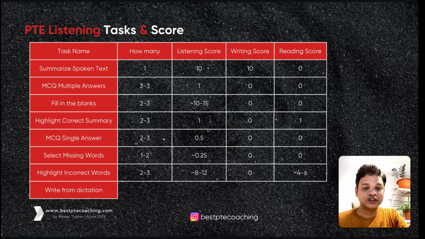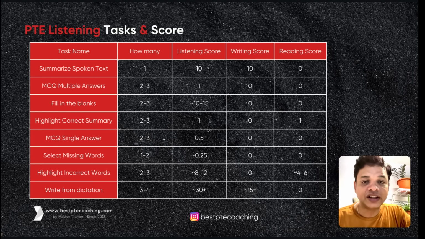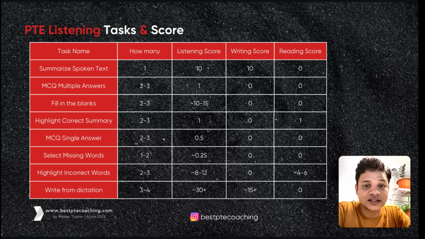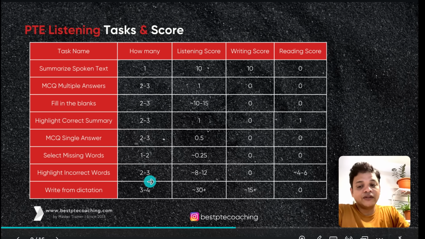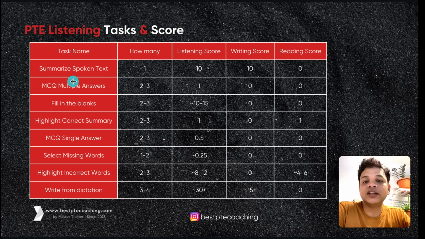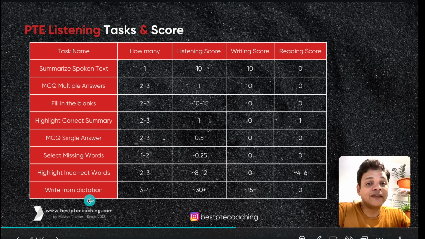It has reading contribution. Write from dictation: there will be 3 to 4 questions coming from this task. The estimated score from write from dictation is up to 30 marks in listening, up to 15 marks in writing. But if you, as a test taker, are spending more time on select missing words, multiple choice single answer, highlight correct summary, multiple choice multiple answer, you will hardly have any time to answer write from dictation effectively.